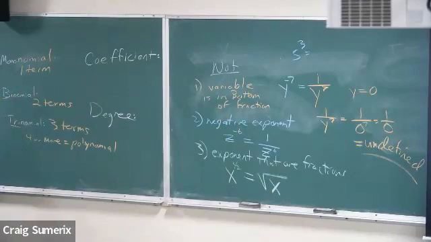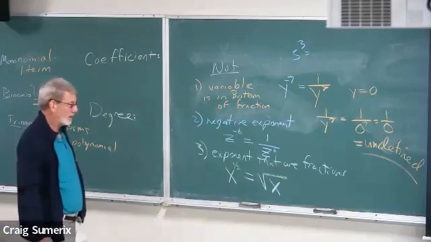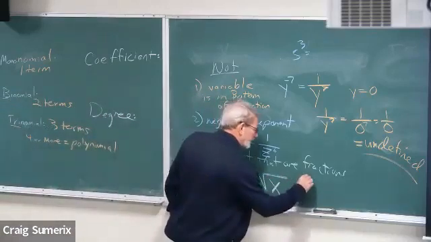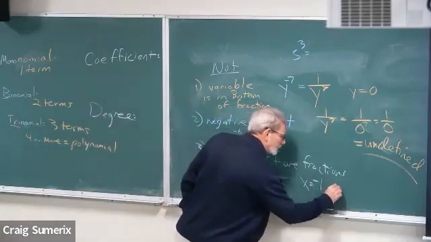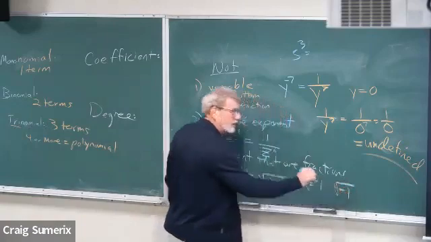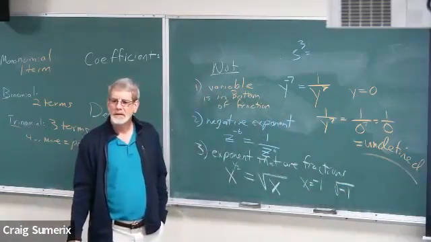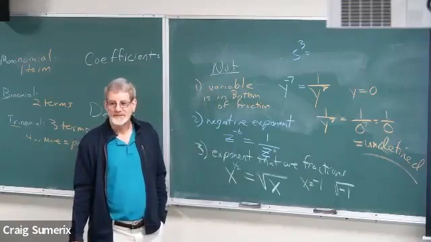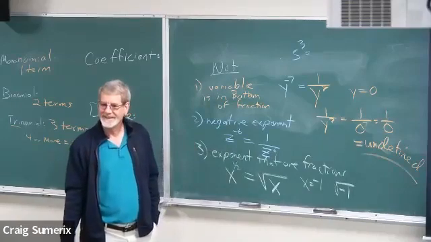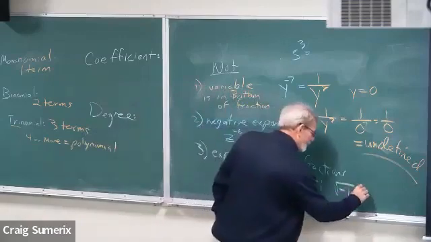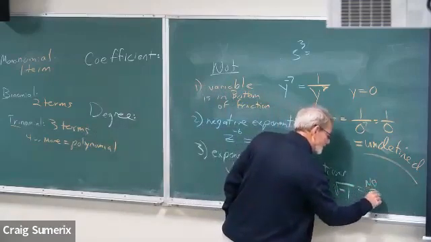Is there any problem with the square root of x? What if x is -1? What is the square root of -1? Exactly. For us, this is just going to be no solution.